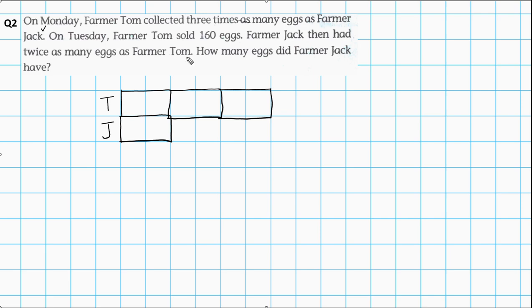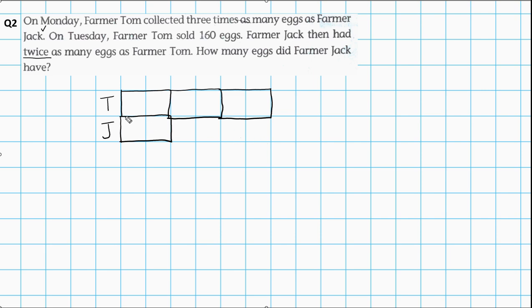Now, we have to pay attention here. Did Jack sell any eggs? No, Jack did not sell any eggs. So what that means for our model is that the amount that Jack has is going to remain the same. And this is really key. So if Jack's remains the same, but he ends up having twice as many eggs as Farmer Tom, what size unit must Tom end up with?